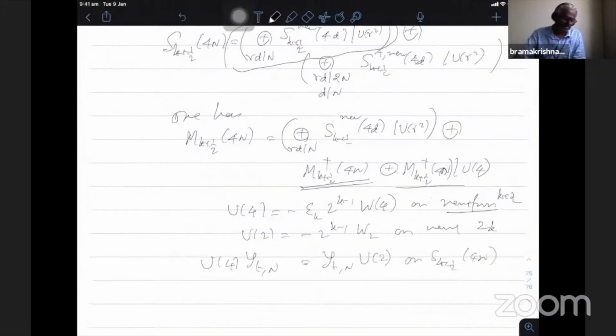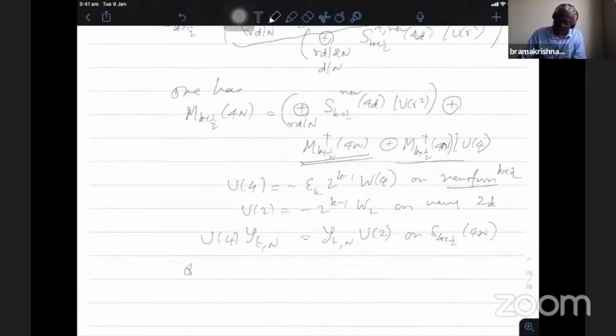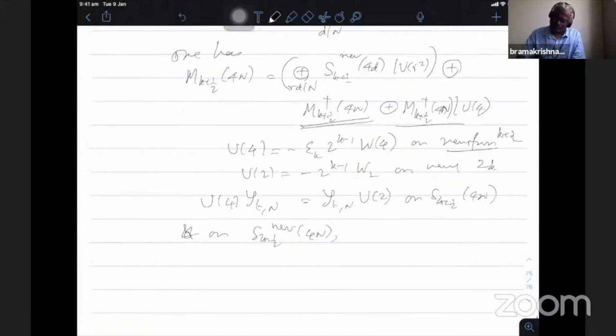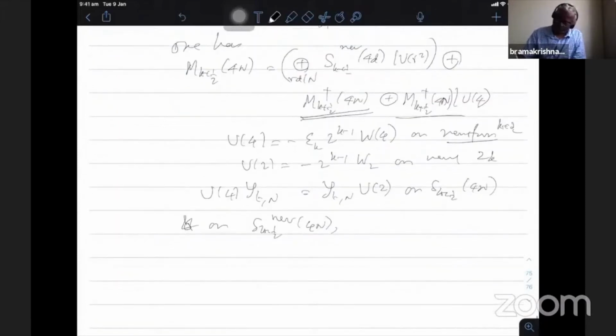These are all the relations which we use, and on S_{k+1/2}(μ(4n)), since u4 is W4 on the new form space, it also commutes with this property. S_{4n} is epsilon_k S_{4n} W2. So this is the half integral weight, this is the integral weight, and because of the difference in the W operator here, this factor will come out.